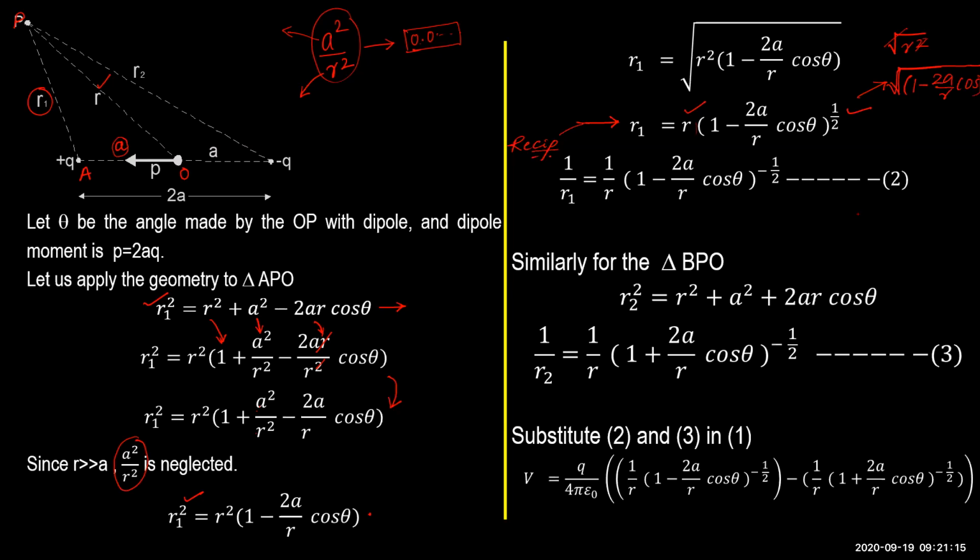If we have anything A and we want to take its reciprocal, it is 1 by A, isn't it? So 1 by A can be written as A raised to minus 1. Therefore, the power will become negative. Hence, we get one equation and you call this equation number 2.